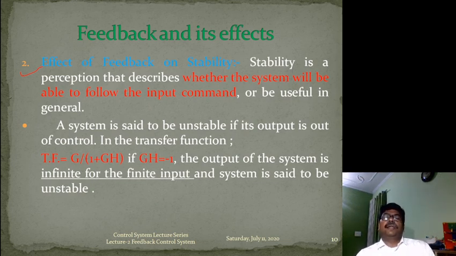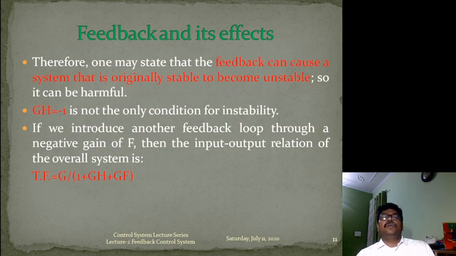In this case, the output of the system is infinite for a finite value of the input, meaning the system becomes unstable and is not giving the desired output. So one can say that feedback can cause a system that is originally stable to become unstable. So it can be harmful to the system.